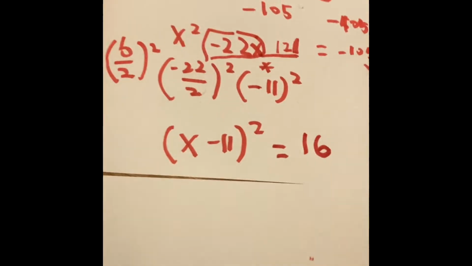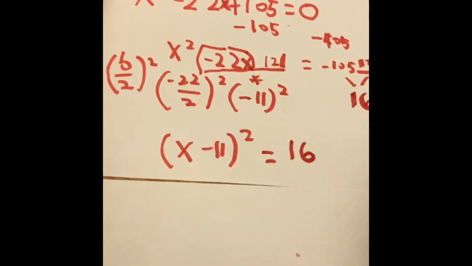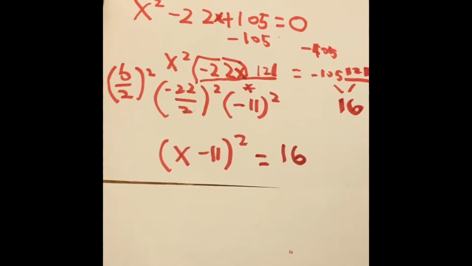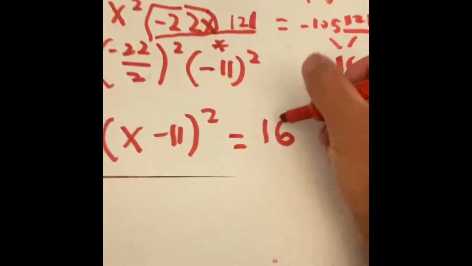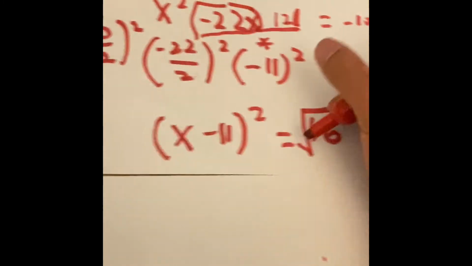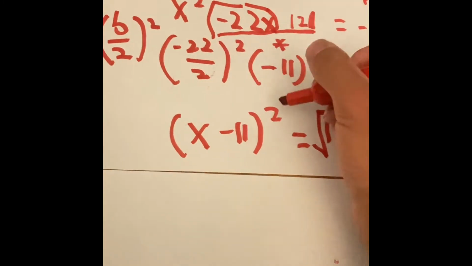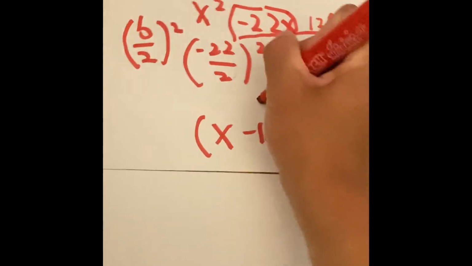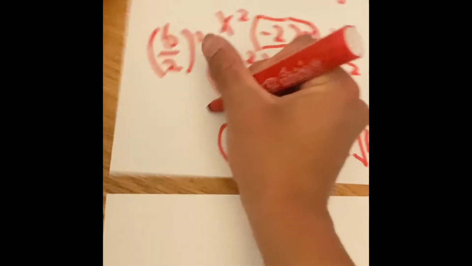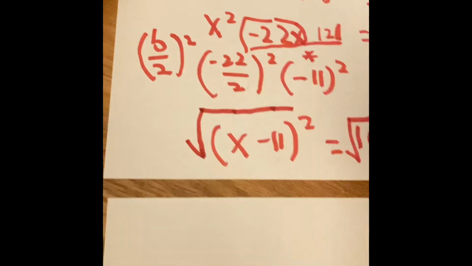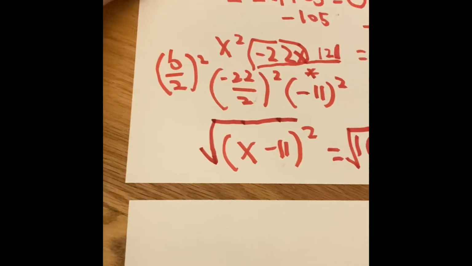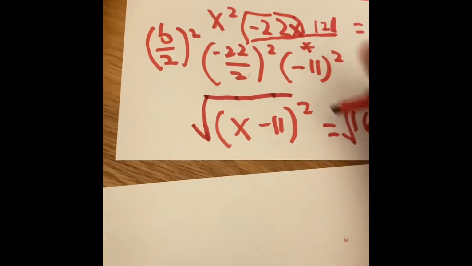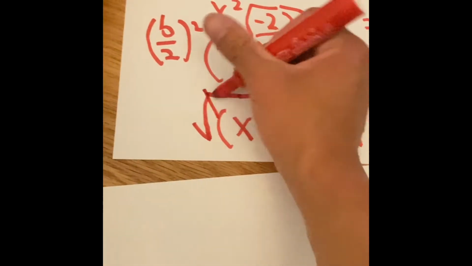Since we want two values for x, we are going to use the square roots. So we square root the 16 and square root the x minus 11, in parentheses, squared. Technically, you have to square root the square. When that happens, the square root and the square cancel each other out.